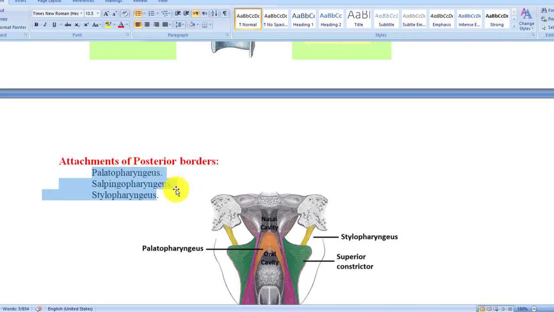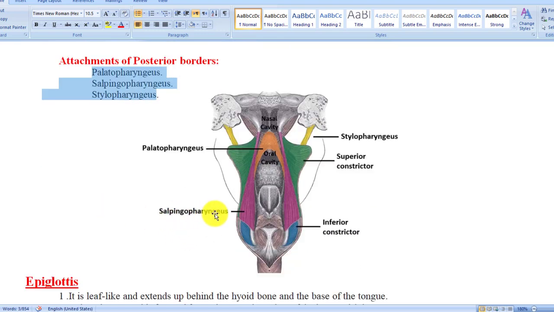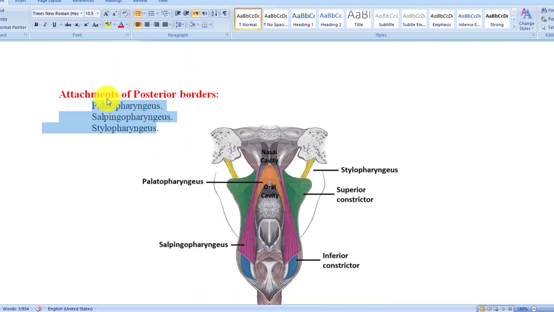So there is palatopharyngeus, there is salpingopharyngeus, and then there is stylopharyngeus muscle. You can see this is the salpingopharyngeus muscle, right, palatopharyngeus muscle here, and then stylopharyngeus muscle. So all these three muscles are attached to the posterior border of the thyroid cartilage.